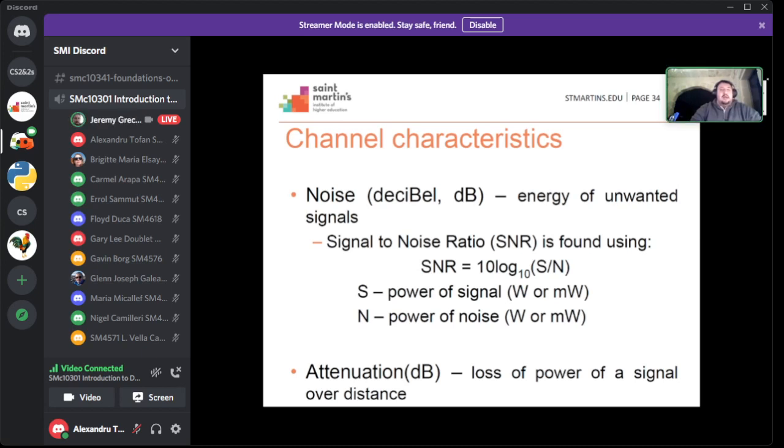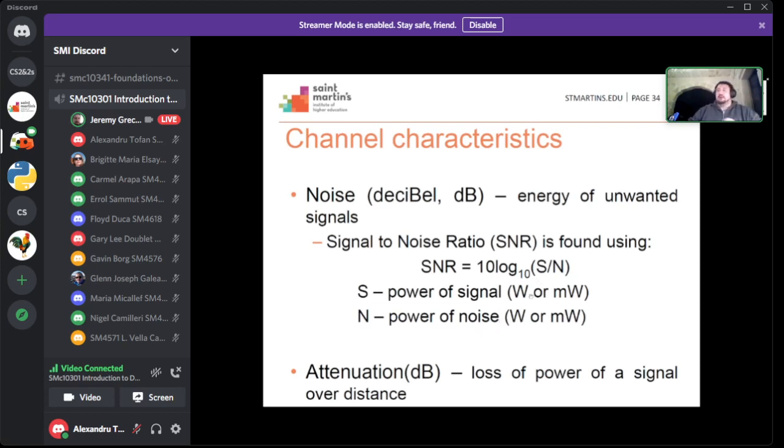Now, we usually try to make sure that our signal to noise ratio is an acceptable one. In fact, signal to noise ratio is usually calculated using this formula, where we have S on N, where S is the power of the signal, usually measured in watts or milliwatts, and N is the power of the noise, again usually measured in watts or milliwatts.